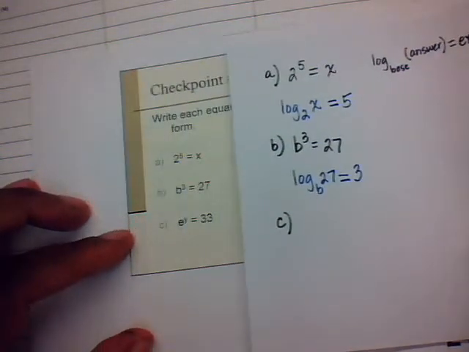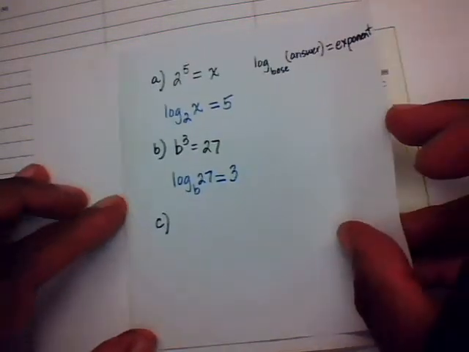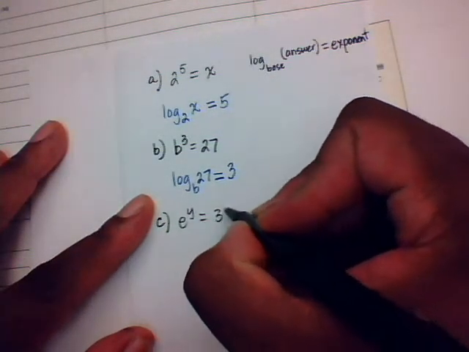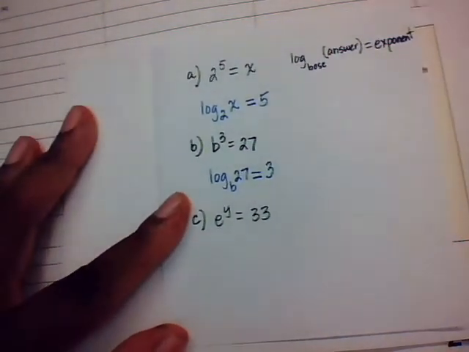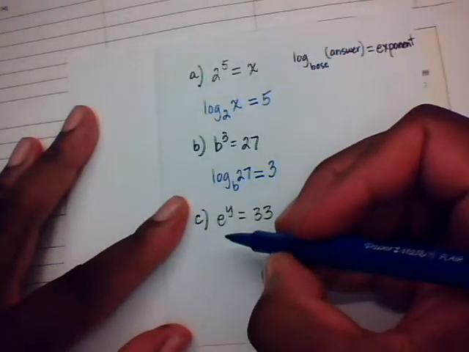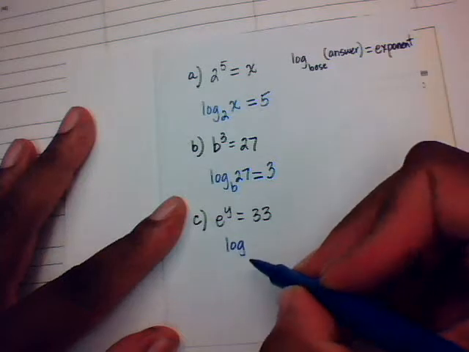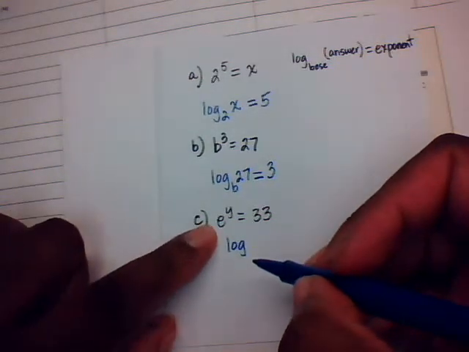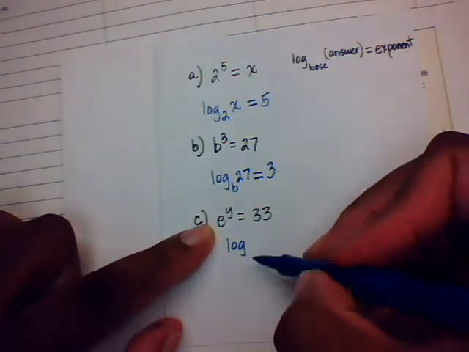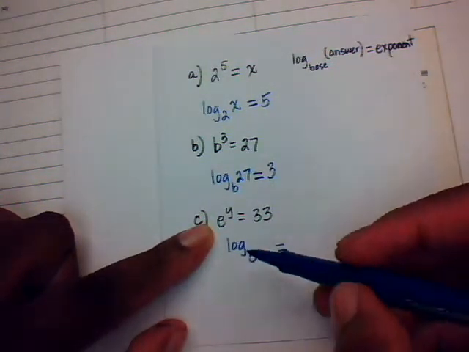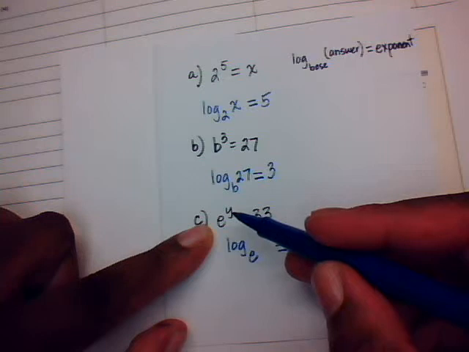And then finally part C, e to the y is equal to 33. e to the power of y is equal to 33. In this case, we write log. The base here is e. That's going to be the subscript for the log. Now, the y, that's your exponent for e.